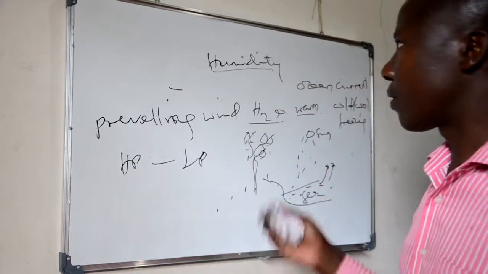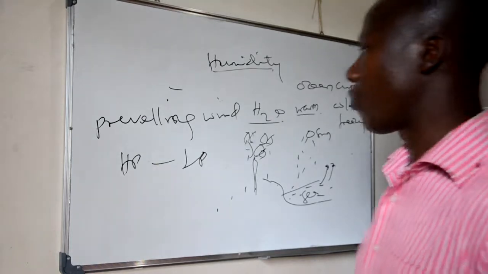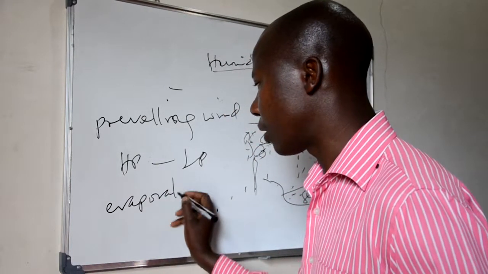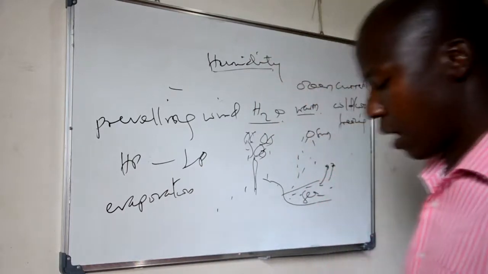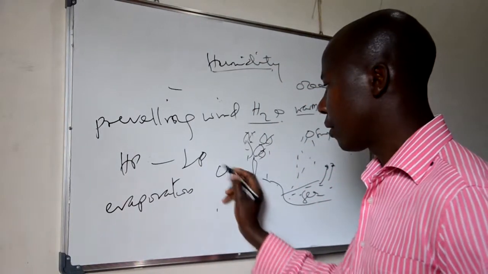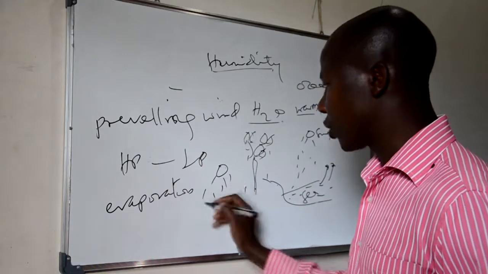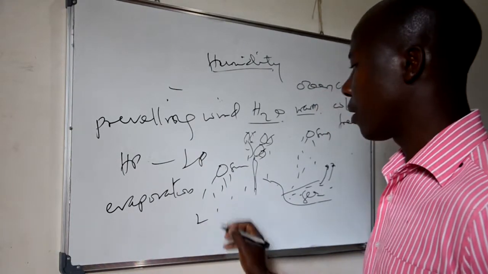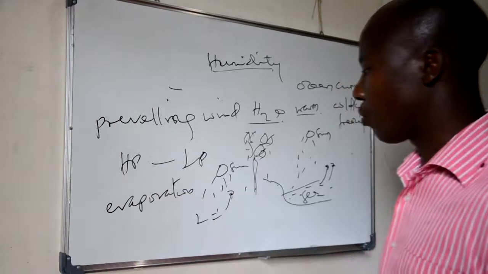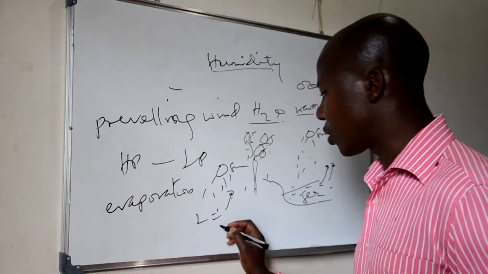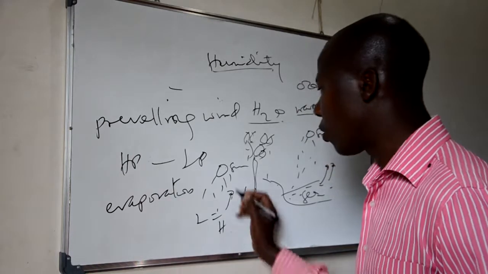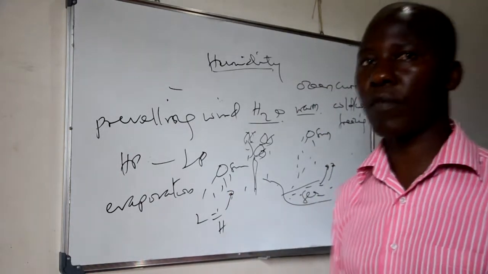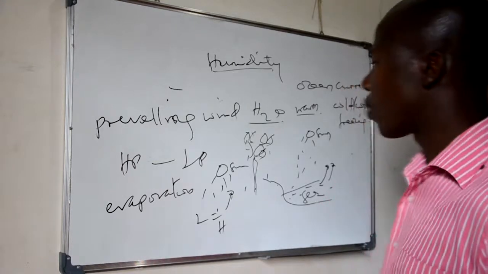The fifth factor influencing humidity is the rate of evaporation. As I told you, evaporation takes place after the radiation. And you have to remember that if the radiation capacity is low in nature, the rising of evaporation will be low. But wherever the radiation is large in nature, or the heating capacity is large, the rising of evaporation or humidity will be high.